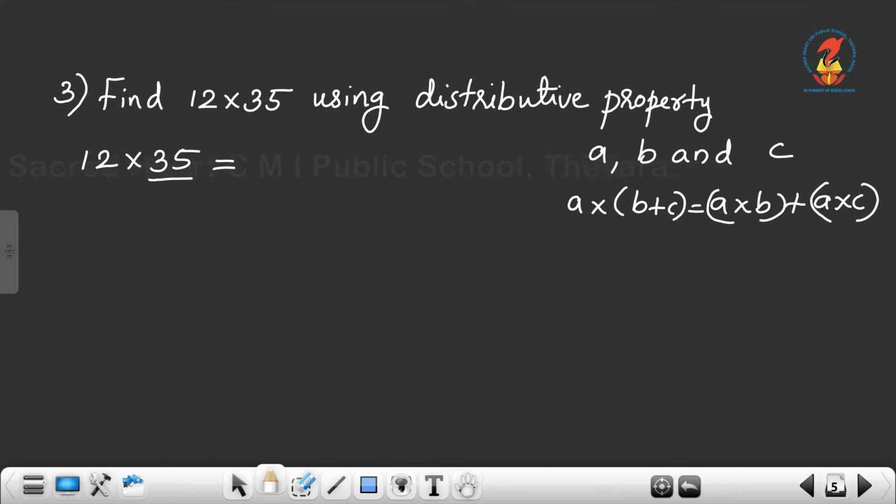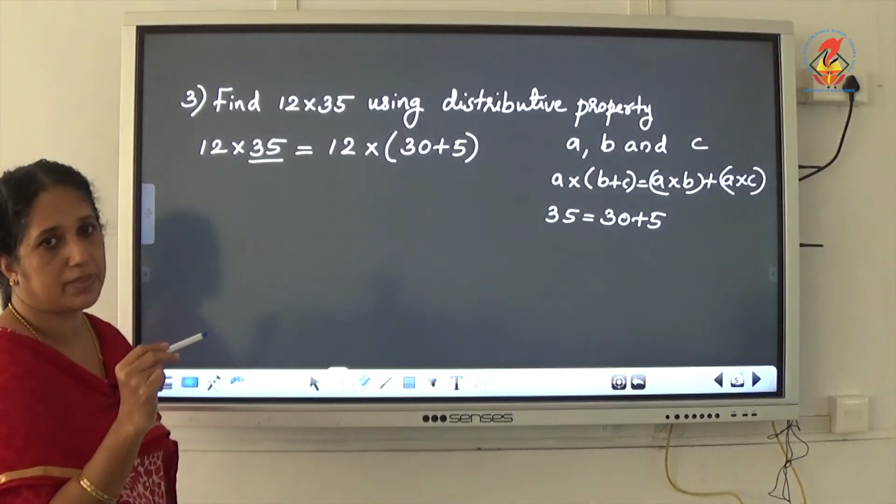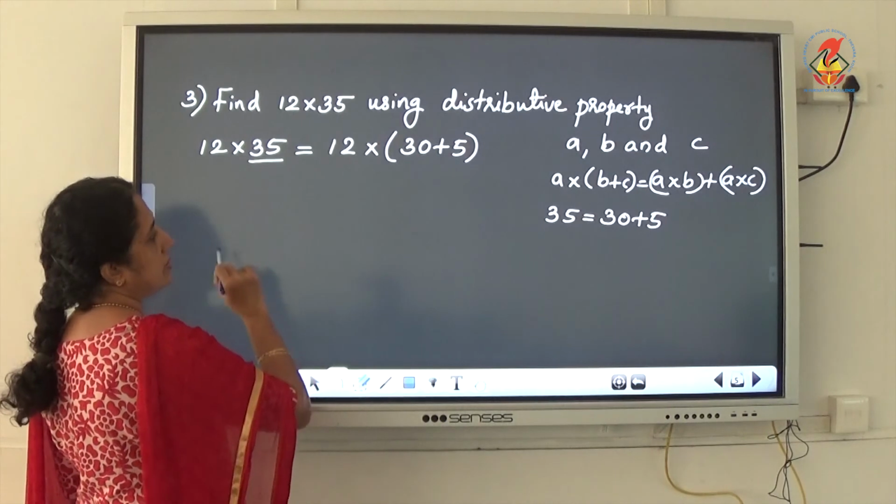Now, here I am going to split this 35. So, we can write 12 into 35 as 12 into 30 plus 5. If you can write one of the numbers as a multiple of 10, then the calculation will be easier.